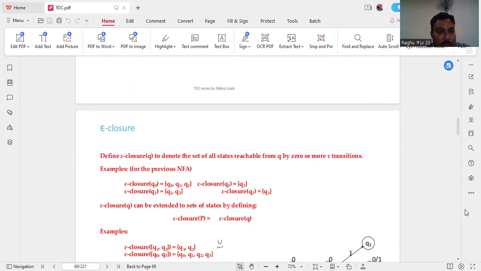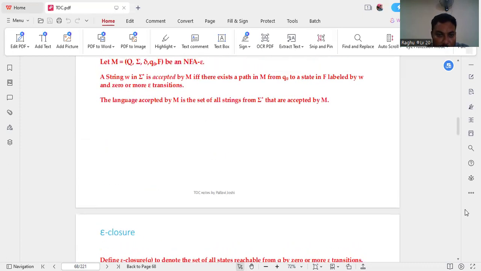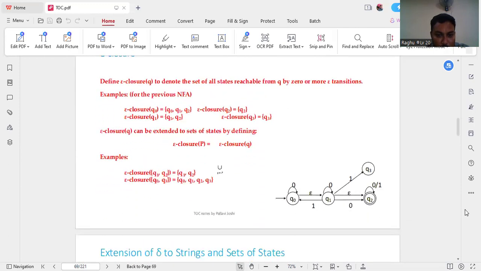Then how to find the epsilon closure? Let's see the definition. Epsilon closure denotes the set of all states reachable from Q by 0 or more epsilon transitions. This is an example to find the epsilon closure.